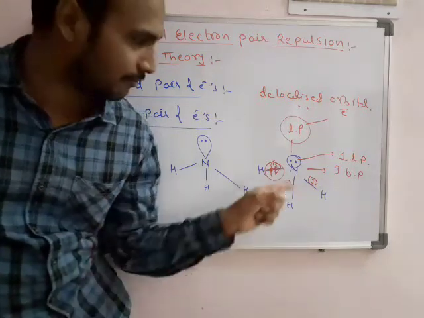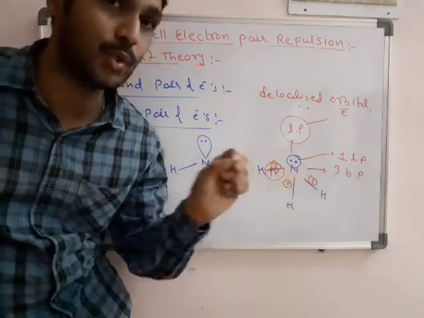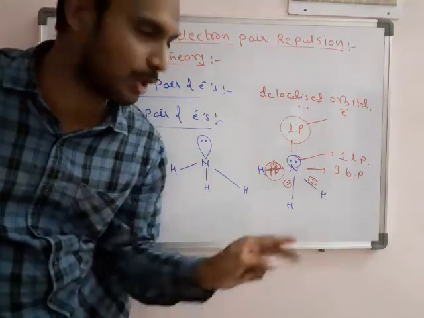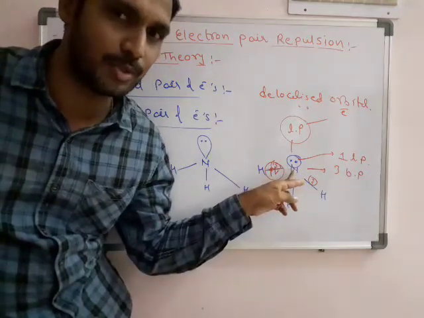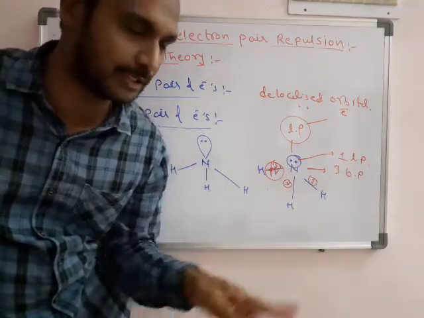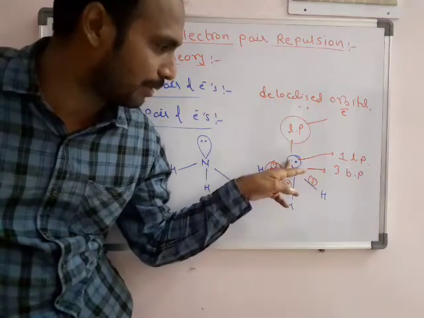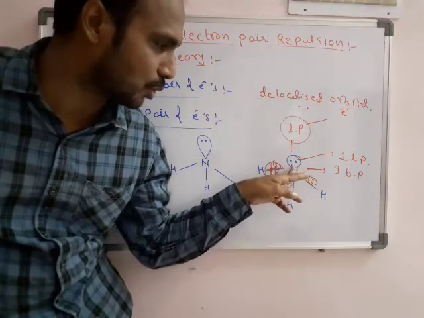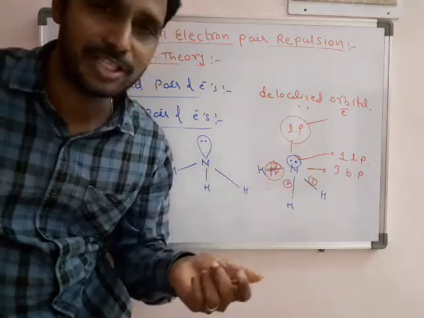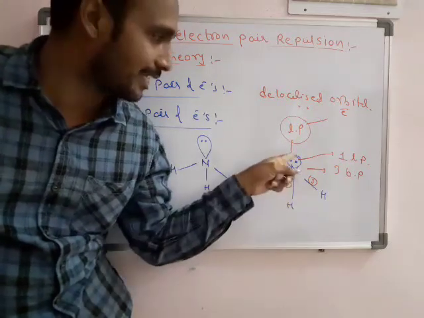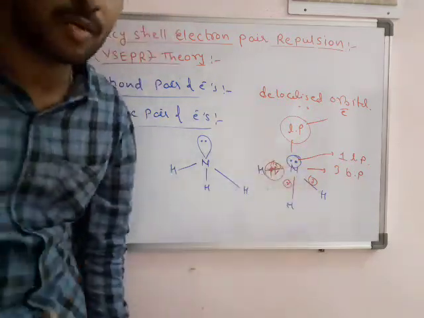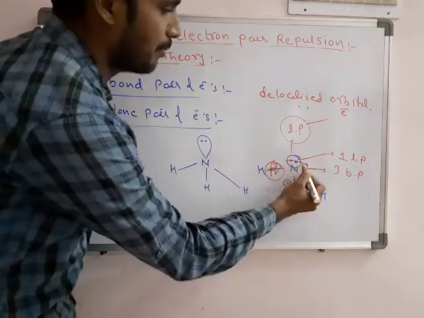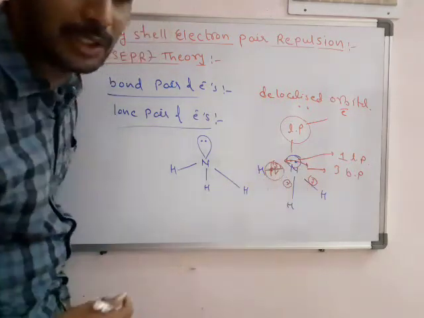But the lone pair of electrons is only under the control of one nucleus. A lone pair does not form a bond, so only nitrogen attracts it. On the other side there is no fixing, so its movement is somewhat higher. The lone pair has a greater possibility of moving.